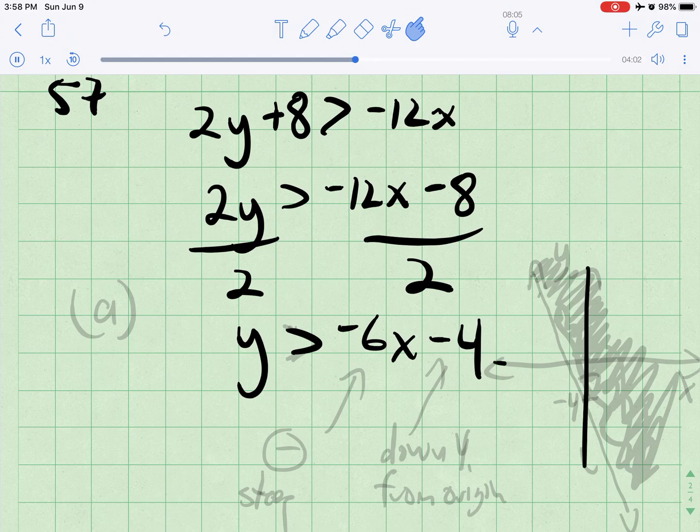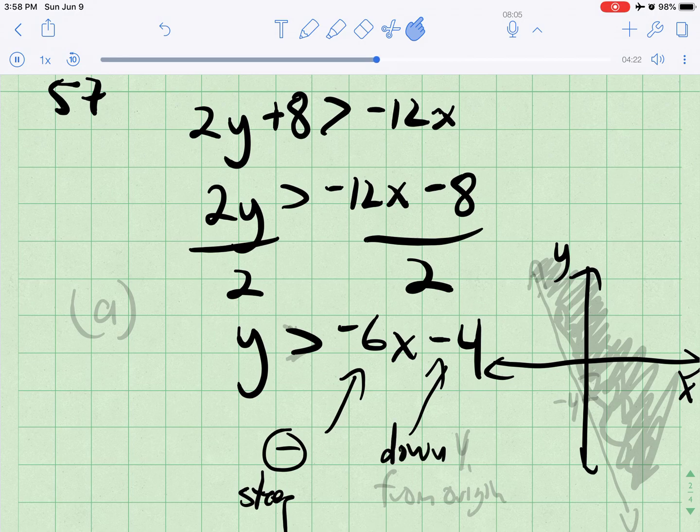If I were to graph that briefly, quickly, this is the y, this is the x. Y must be greater than, this is a negative slope, steep, because that's not a fraction. Y-intercept is down 4 from origin. So 2, 4, okay?